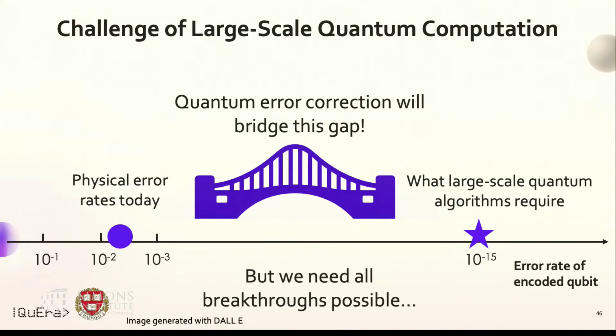But as we think about these large scale, we're still very far, right? We brought these physical error rates down a little bit, but we're really looking at 10 to the minus 12 or 15. And so we really need all of the breakthroughs that we can. It's not something that we should view as a static technology. This is just a snapshot, and we need to be creative in thinking about what we can have.